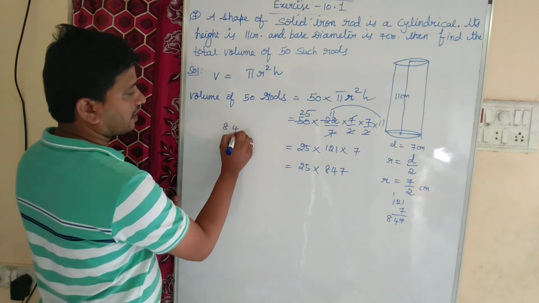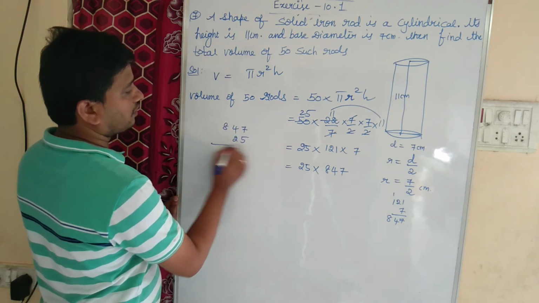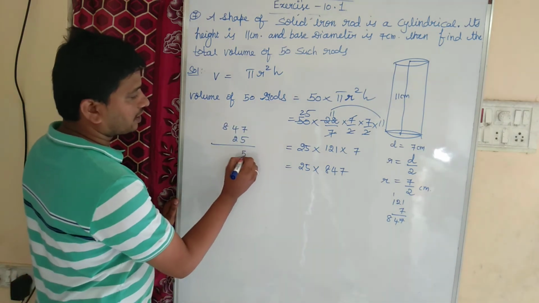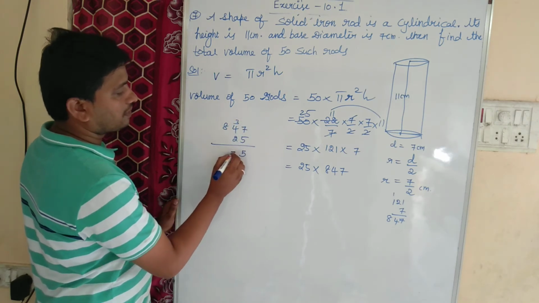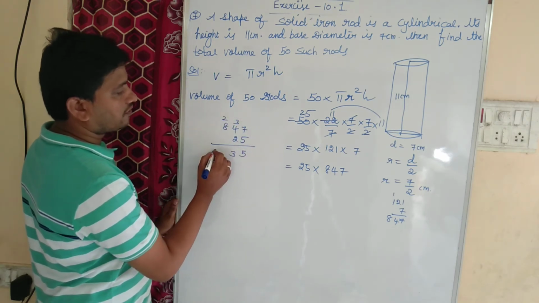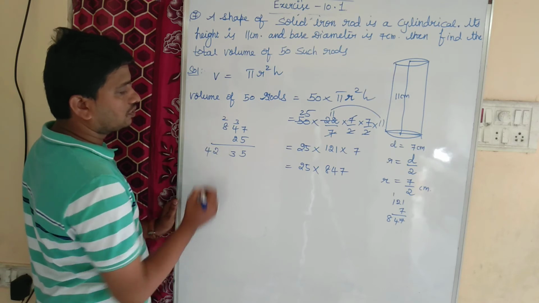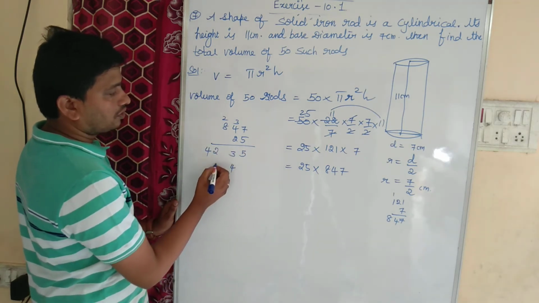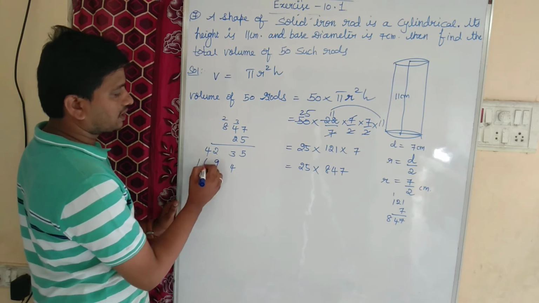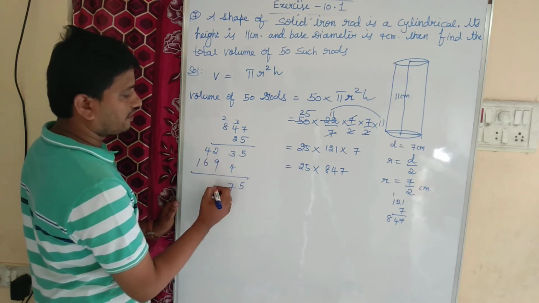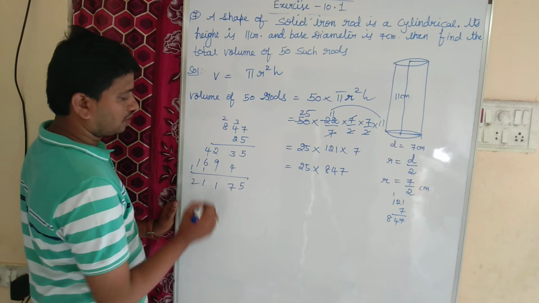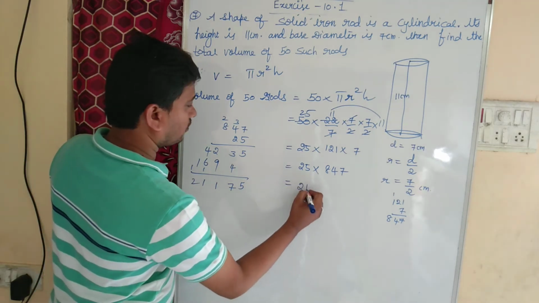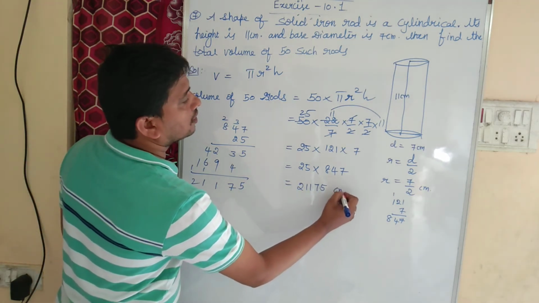So 847 into 25, 5 sevens are 35, 5 fours are 20 plus 3, 23, 5 eights are 40, 40 plus 2, 42. 2 sevens are 14, 2 fours are 8 plus 1, 9, 2 eights are 16, 5 sevens are 11. So that is equal to 21175.